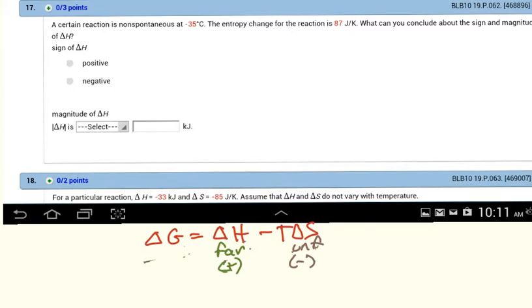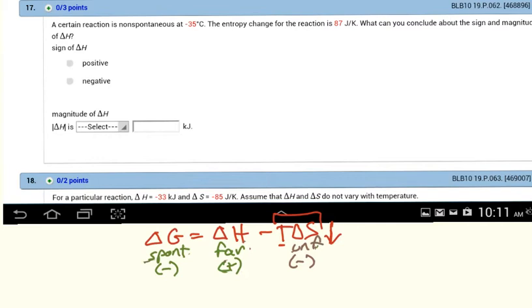Well, in order to get delta G to be spontaneous, remember delta G has to be negative to be spontaneous, you're going to have to in some way minimize this unfavorable term. And the way to do that is to lower the temperature, and you'll reduce the importance and the magnitude of that entropy factor right there. So you'll reduce the influence of the unfavorable part.